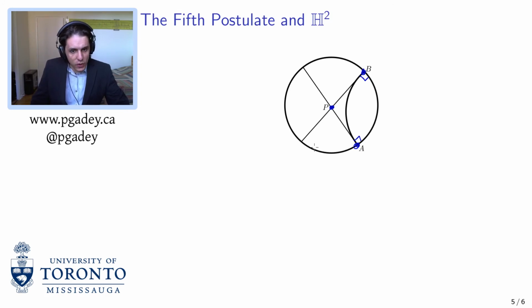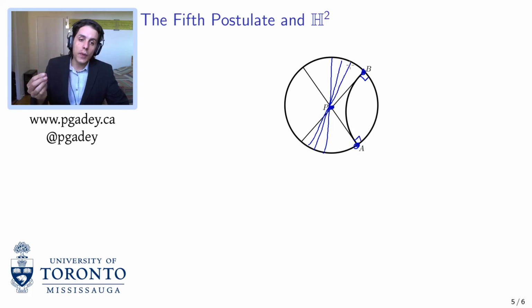Any line through P is going to live in between those tangents. There's a line through P, another line through P, another line through P. So any line through P is going to avoid this geodesic.